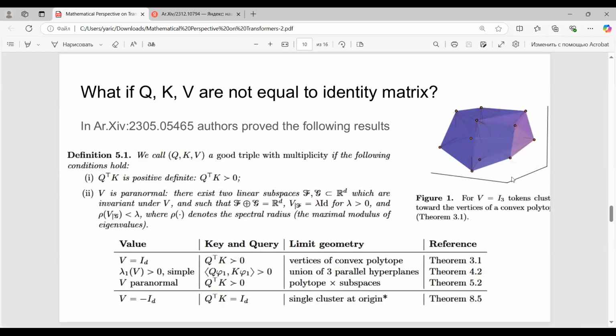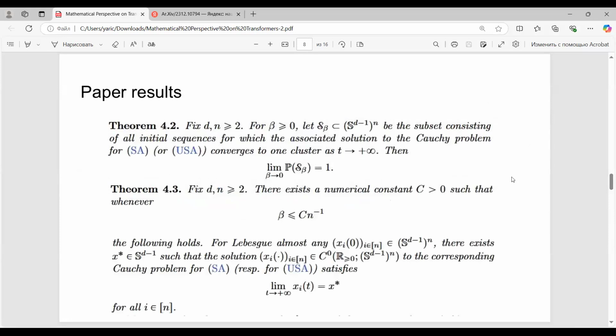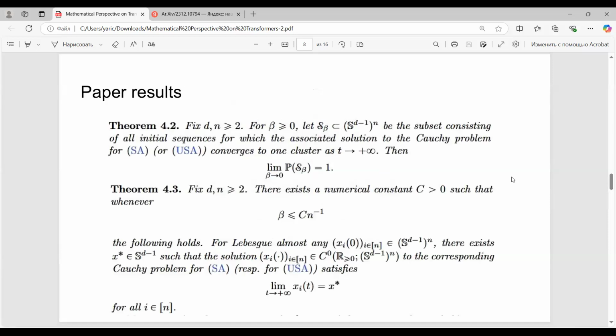Last question I have is about beta, because of course in this transformer architecture, the softmax and beta play the key role. Are they investigating how the theorems they prove depend on beta, and what's the right choice of beta? Should beta be constant for different transformer blocks, or should it change?